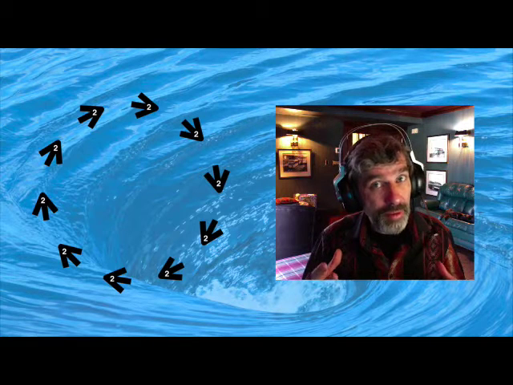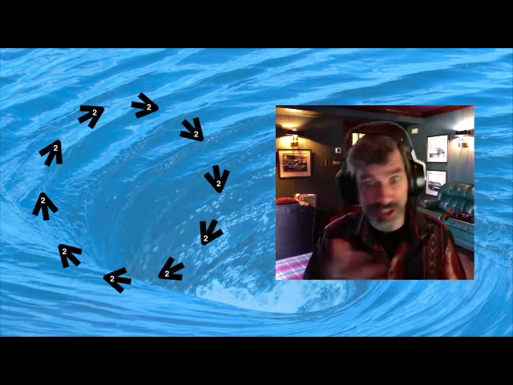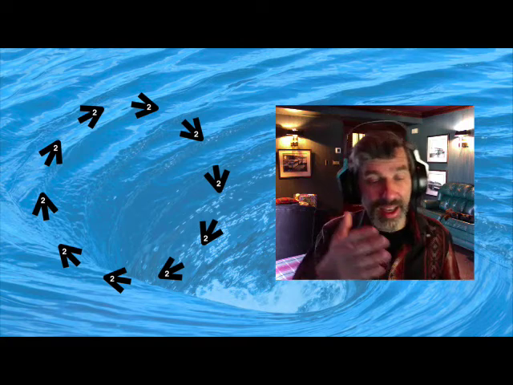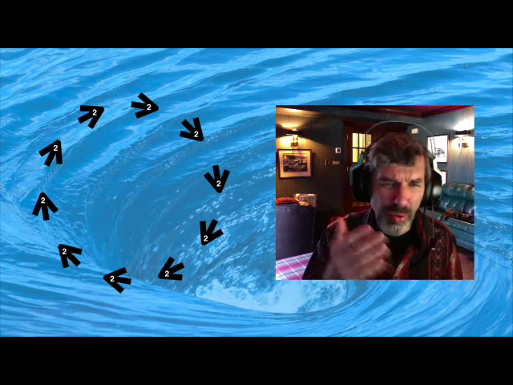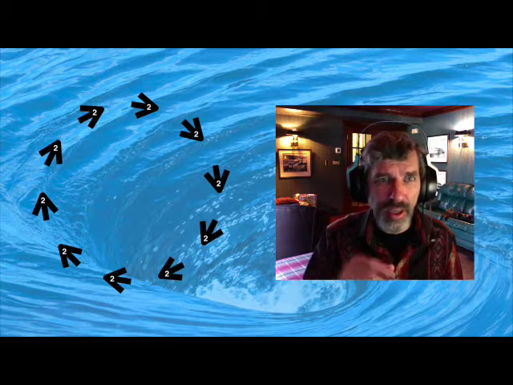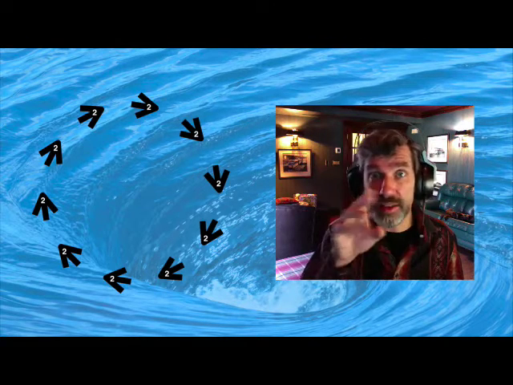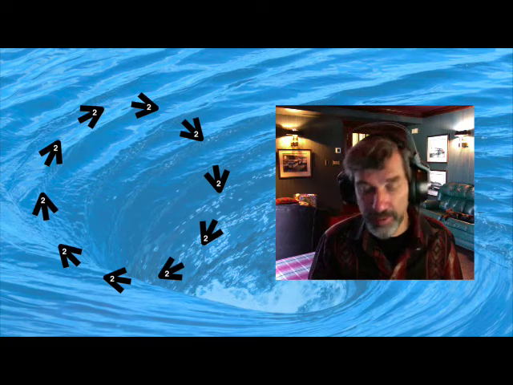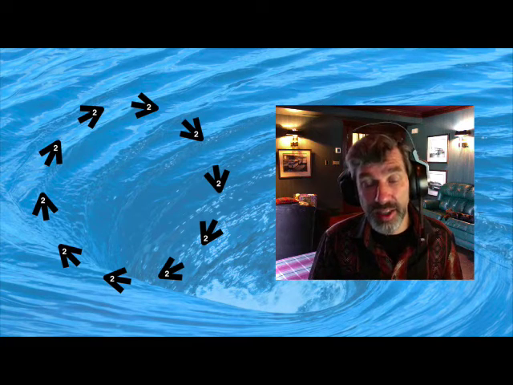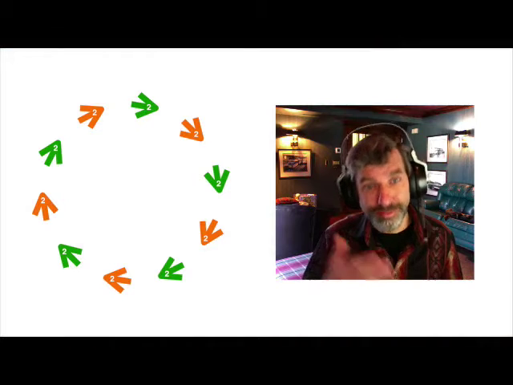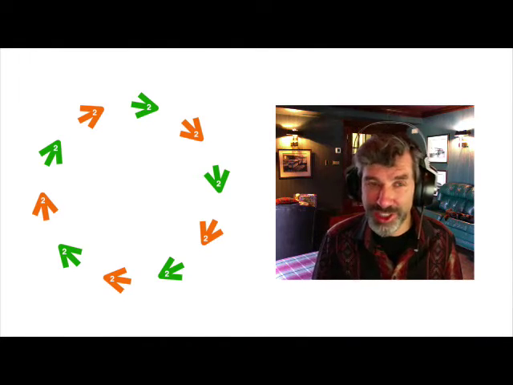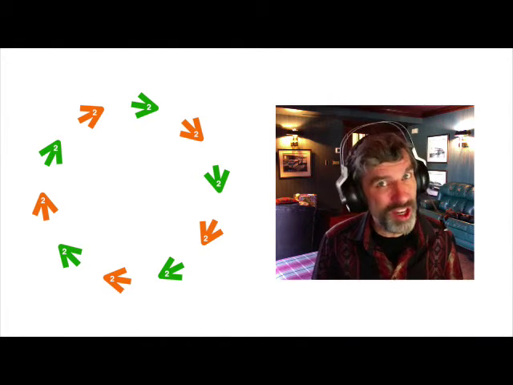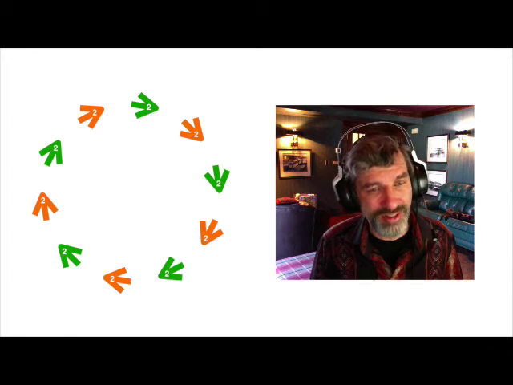Opening that up and saying, okay, now I just want hypotheses. What do you think? Again, asking specific students. So Desdemona, what do you think is going to happen if I have 3s or 4s or 5s going around in this circle? What's going to happen? Well, in the case of this 2, here's a solution. There's actually 2 different loops, not one giant one like we saw with the 1s.